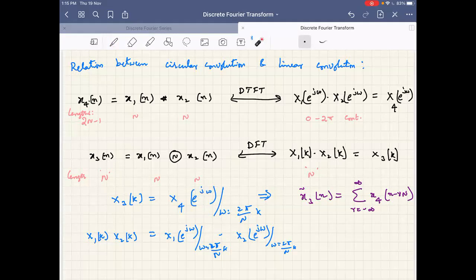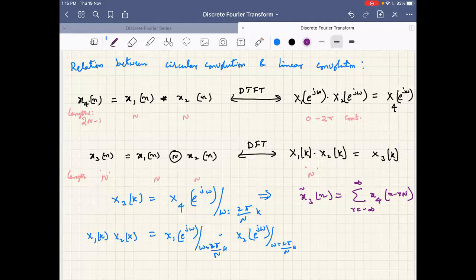So now what happens? Here M is the length of x4. Let us write the lengths, and see whether aliasing happens or not because of these lengths.